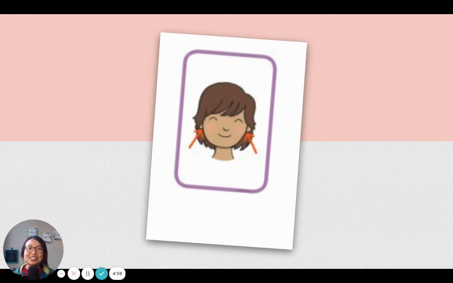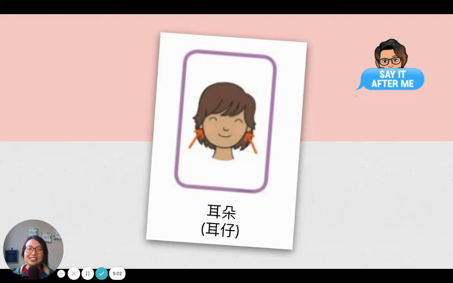In Chinese, the term for ears is 耳朵. 耳朵 when we are writing it. But when we say it, we say 耳仔. 耳仔. So there's a little difference, and this is a more casual way of communication. So after eyes, 眼睛 or 眼, ears, 耳仔 or 耳朵 when we are writing it.